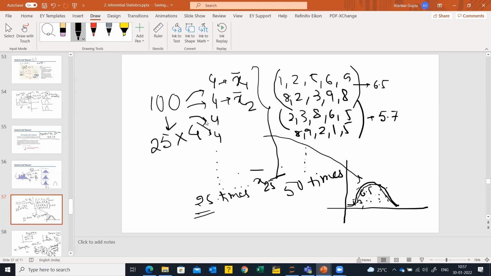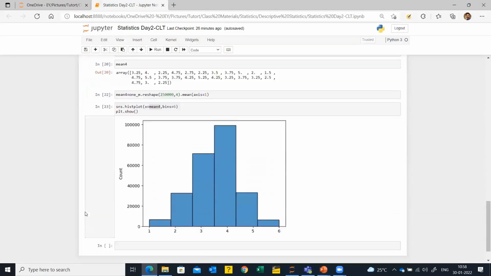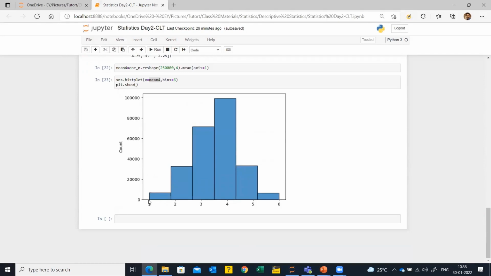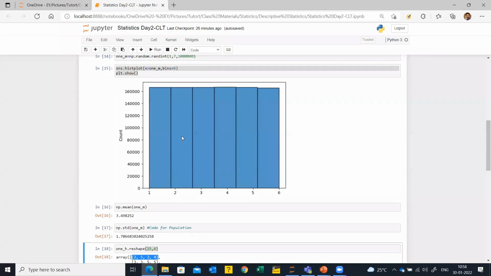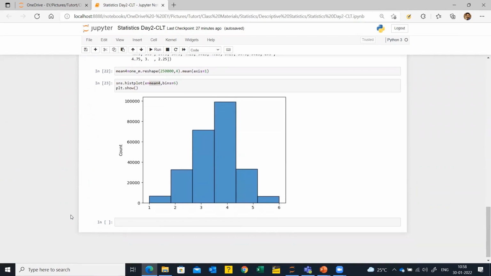If I go back to my Jupyter notebook and show you the mean, you see it is actually following a normal distribution. But your original distribution was not normally distributed. It was more or less a uniform distribution, right? Understood? Any question?